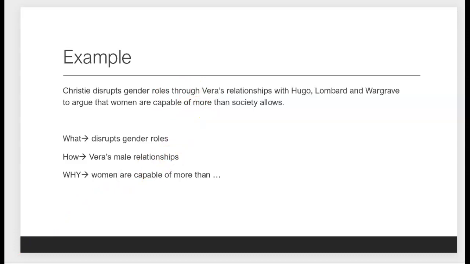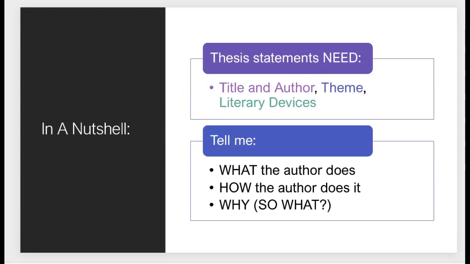So that's another example of what a thesis statement for your paper is going to look like. In a nutshell, your thesis statement for this paper is going to need to tell me the title and the author, what theme, what general idea, what specific concept the author is exploring, what the author is doing, through what literary device, and why it matters.